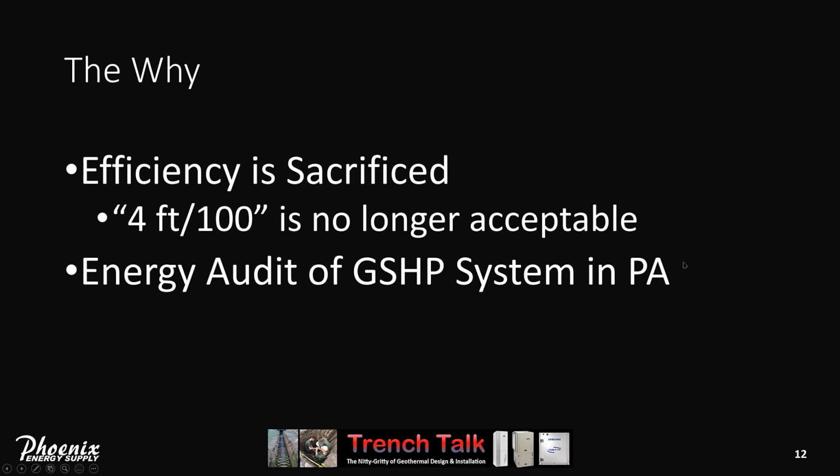And I'll share with you a little story. Back nearly 25 years ago, I did an energy audit of a geothermal system in Pennsylvania. And it was as bad as you can imagine. The circulating pump used more energy than all the heat pumps combined.